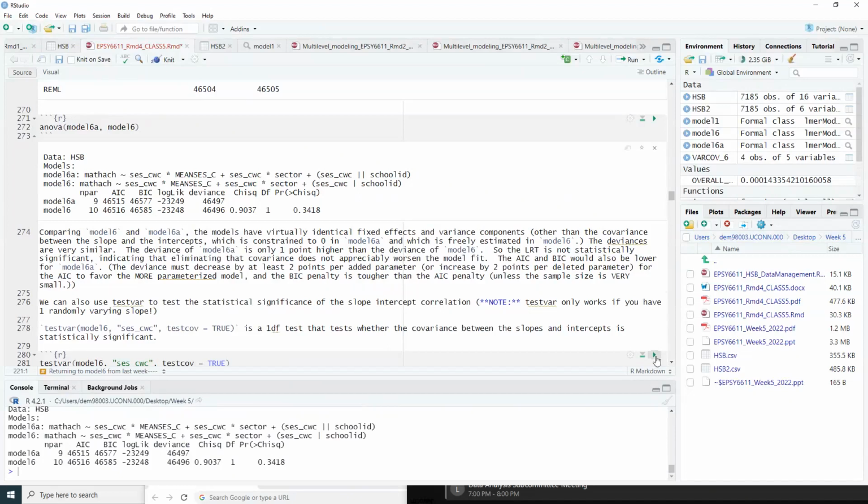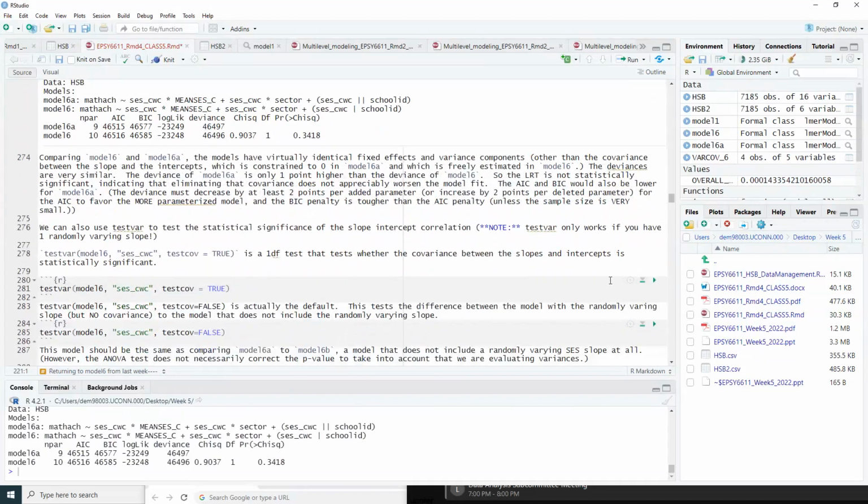Okay. All right. So now I could also take model 6 and use this test bar and say test cov equals true. And that will give me a test of the statistical significance of that slope-intercept covariance or slope-intercept correlation, right? So it's a 1 DF test, and it's going to test whether the covariance between the slopes and the intercepts is statistically significant.